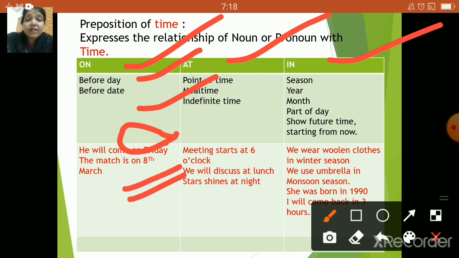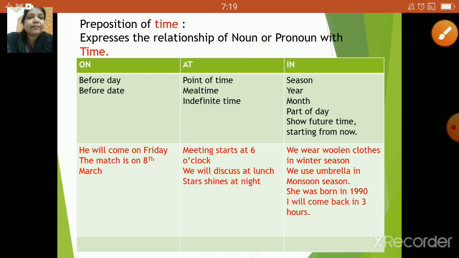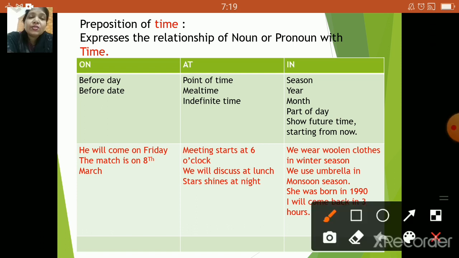Okay, the reason we have used on over here is we are mentioning before day and before date, right? Now the next one, when are we going to identify at and when to use at? First thing, we can use at while point of time, we are expressing some point of time, like meeting starts at 6 o'clock.